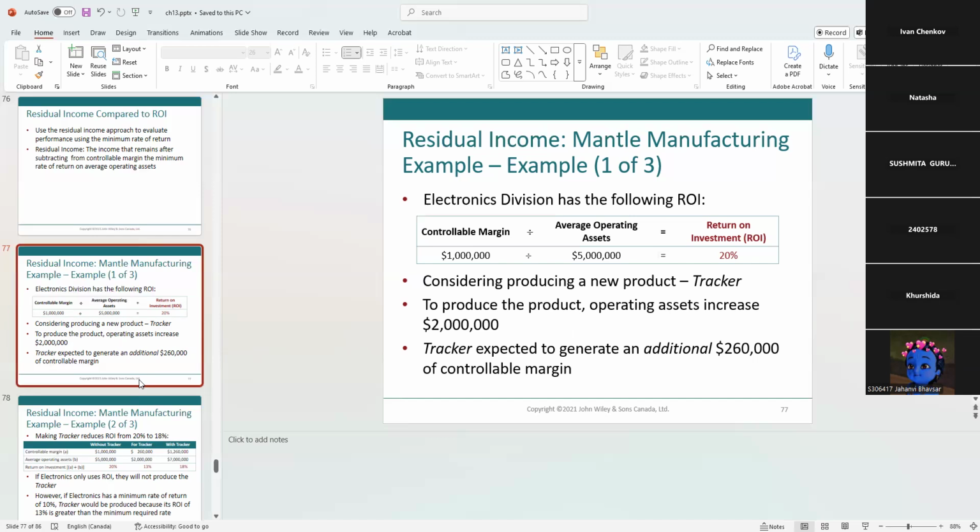After increasing the assets by 2 million, we expect to generate additional $260,000, which will be controllable margin. Now the question at this point is, how much is the return on investment if we invest 2 million and we get 260?